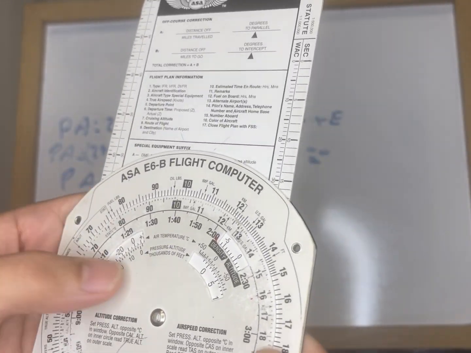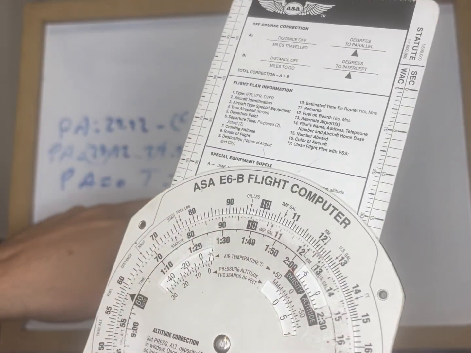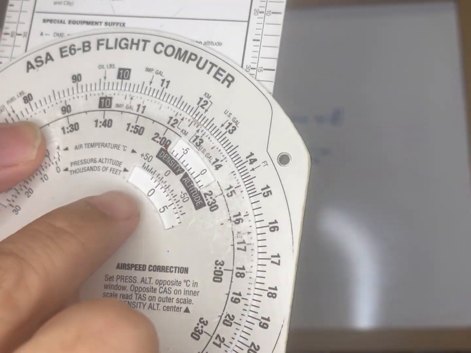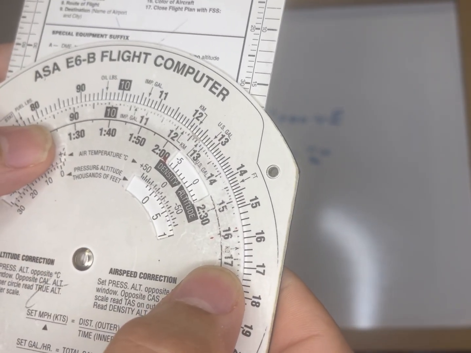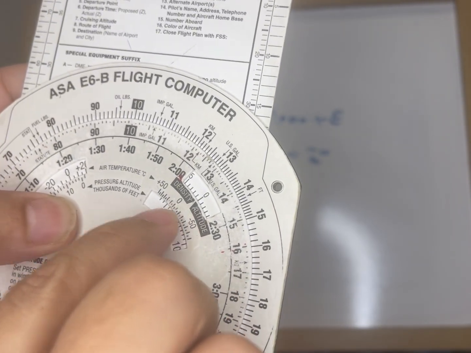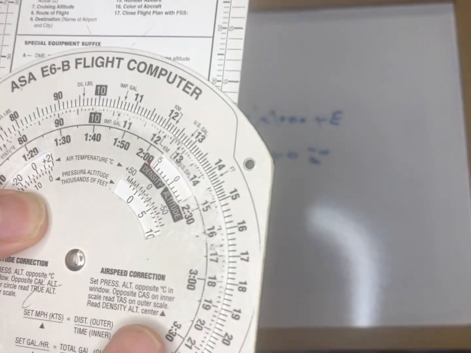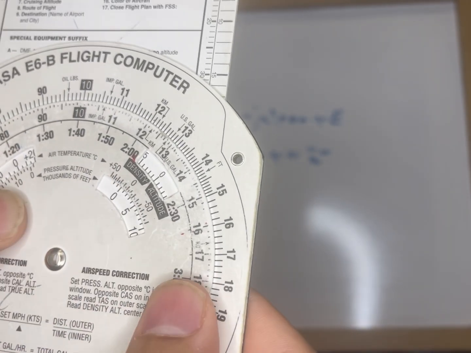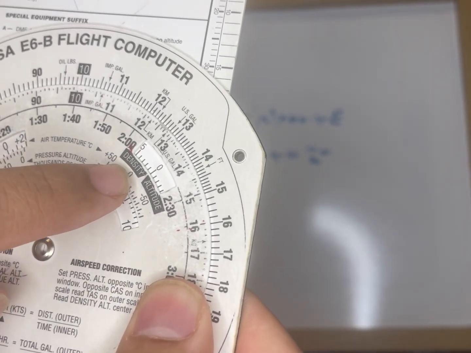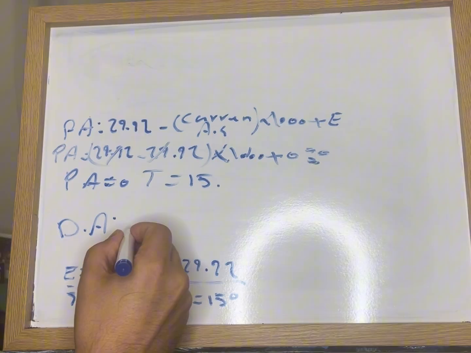Pressure altitude equals 0, and on the opposite side temperature is 15. So 15 degrees opposite 0 pressure altitude. We can read density altitude in this window, and it is almost 0. So density altitude at this station is 0.